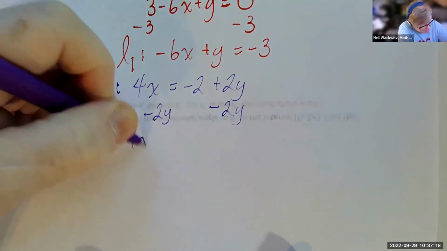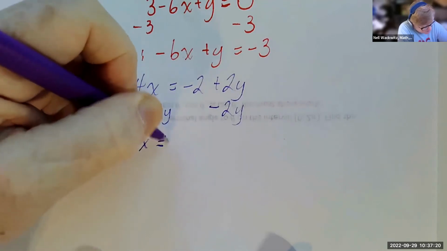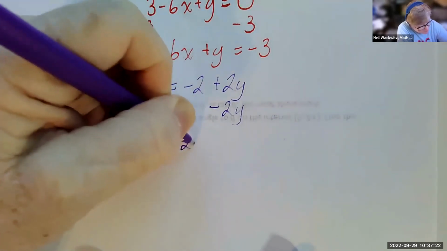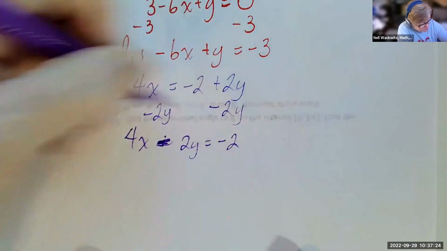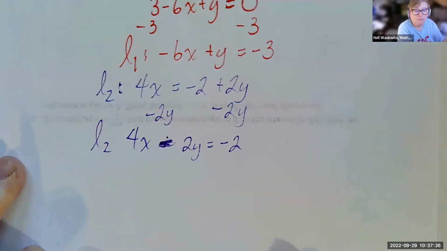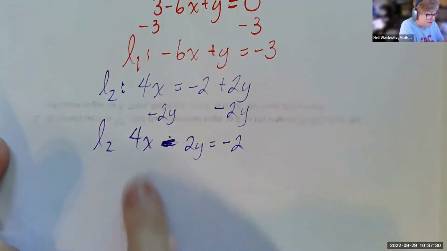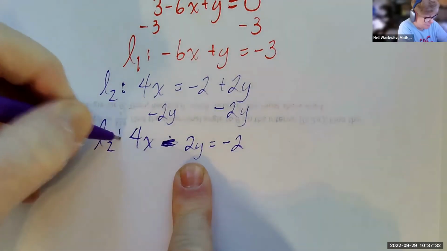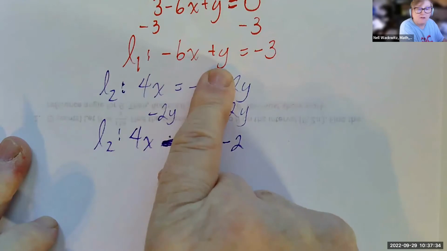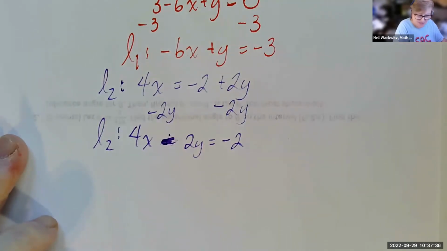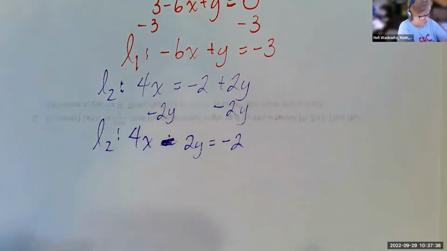That gives us 4x minus 2y equals negative 2. All right, and now we've got line 2 in standard form and line 1 in standard form. So let's write the system again so we've got a nice version of it.